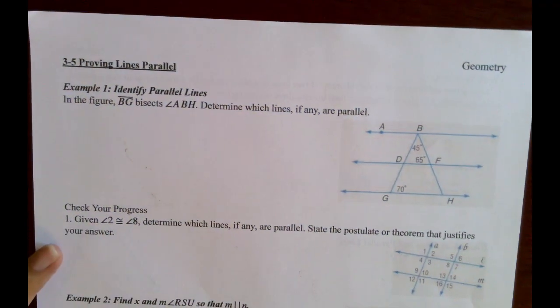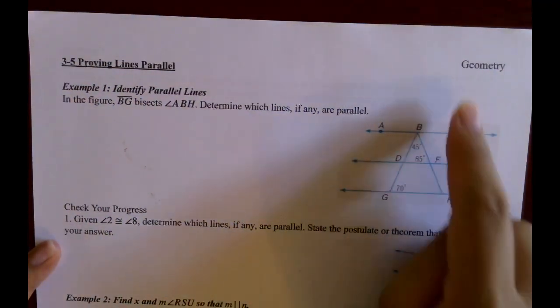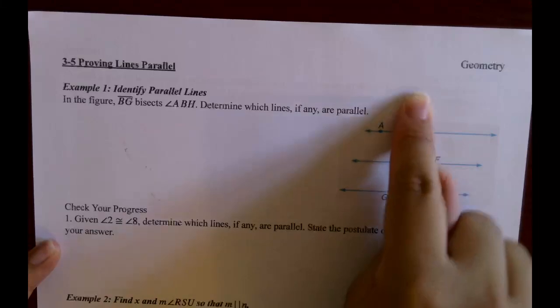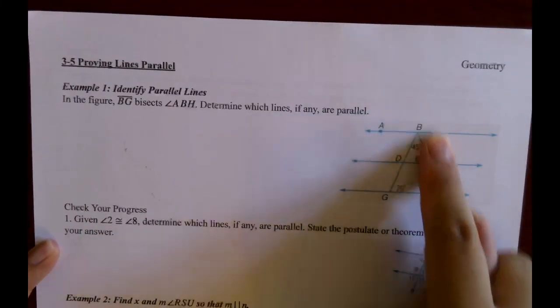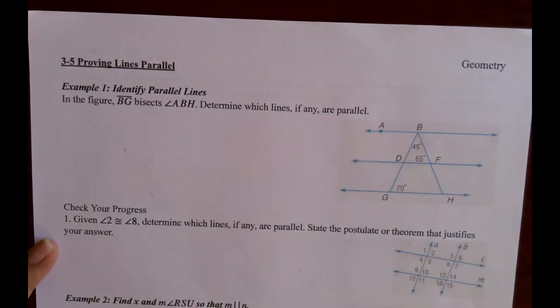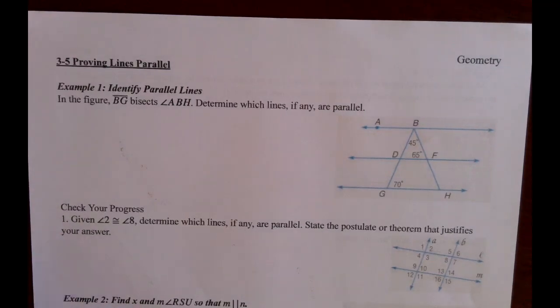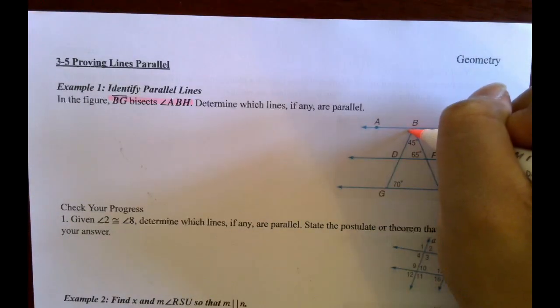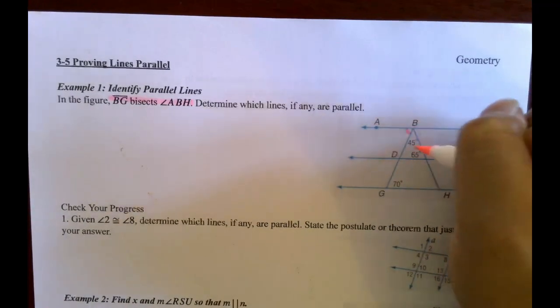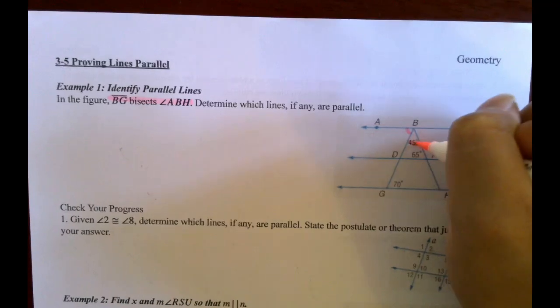Okay. So starting with example 1, it tells us that in this figure, segment BG, which is right here, bisects angle ABH. And so what that should tell us then is that this angle here is congruent to this angle here, right?